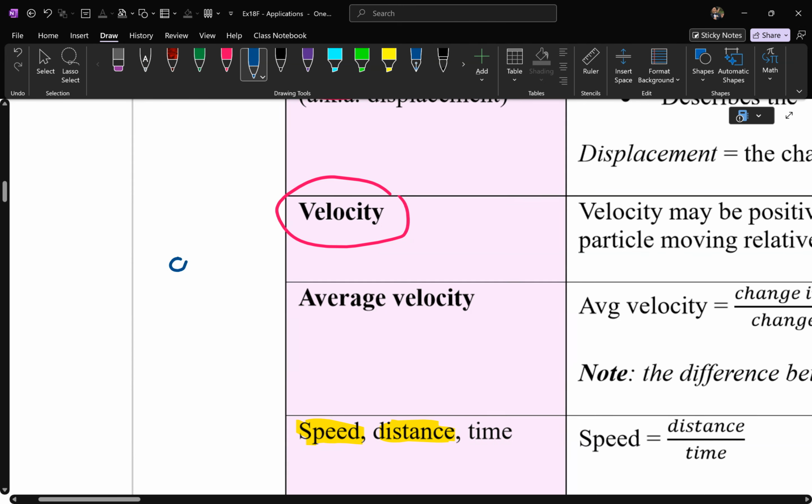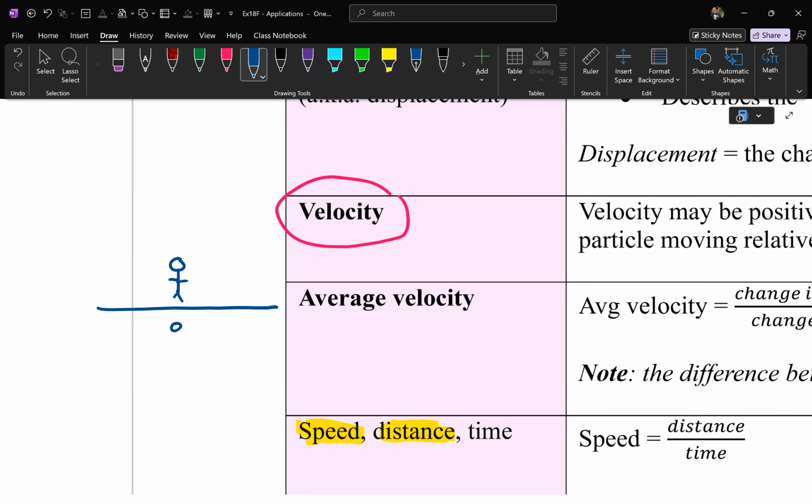If I'm standing right here, let's say at point 0 on a number line, that's position 0, right? But if I go 2 steps to the right, and then I go 2 steps back, it almost feels like I've gone nowhere because the position is still the same.